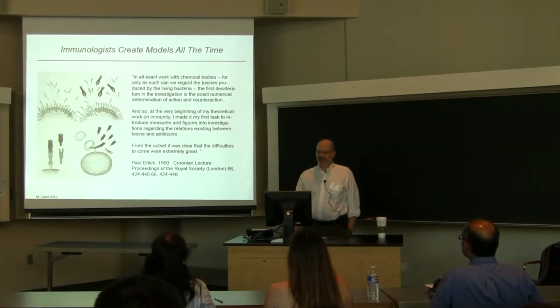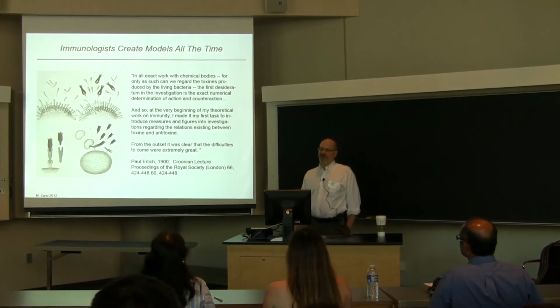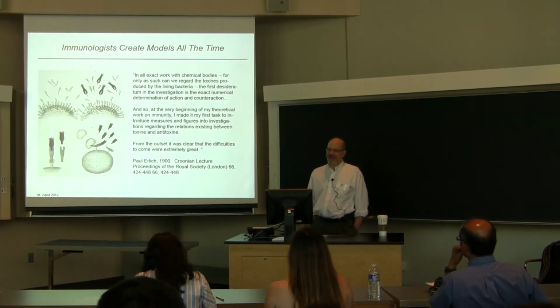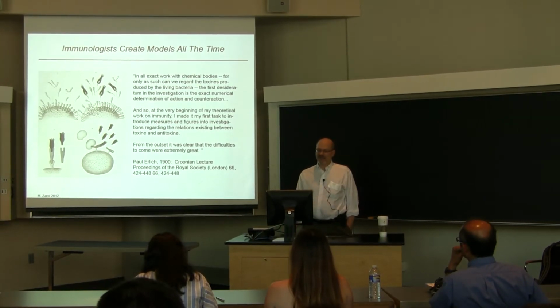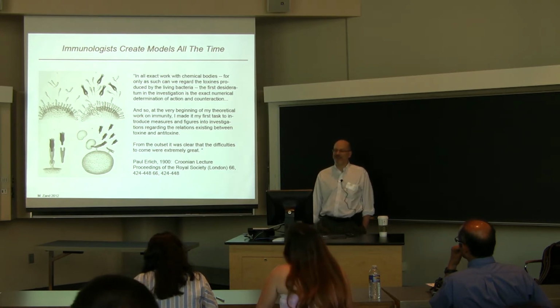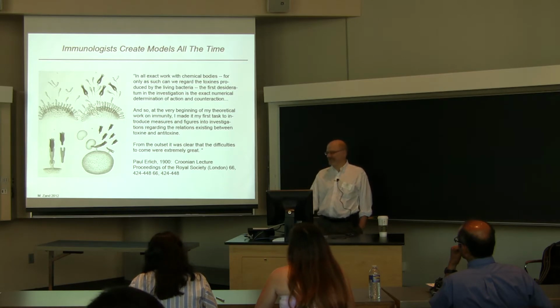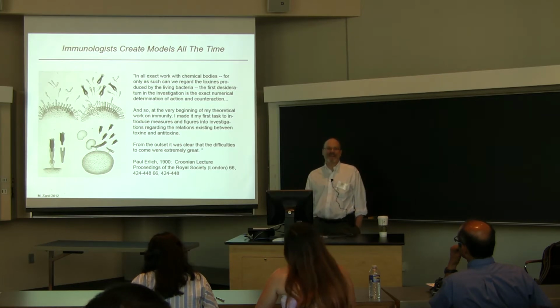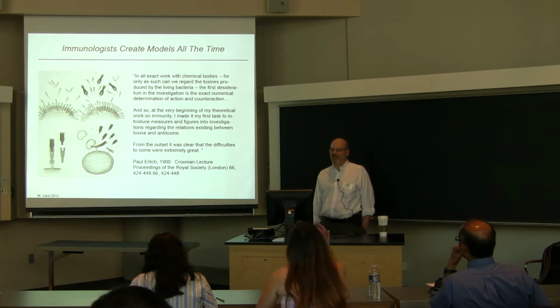This is a picture from a talk by Paul Ehrlich, who received the Nobel Prize for his work, in actually one of the first conceptual representations of antibodies, which he called antitoxins at the time. And you can see that we have a visual model of what he called toxin and antitoxin, which most of us would recognize as a receptor ligand or antibody antigen model.